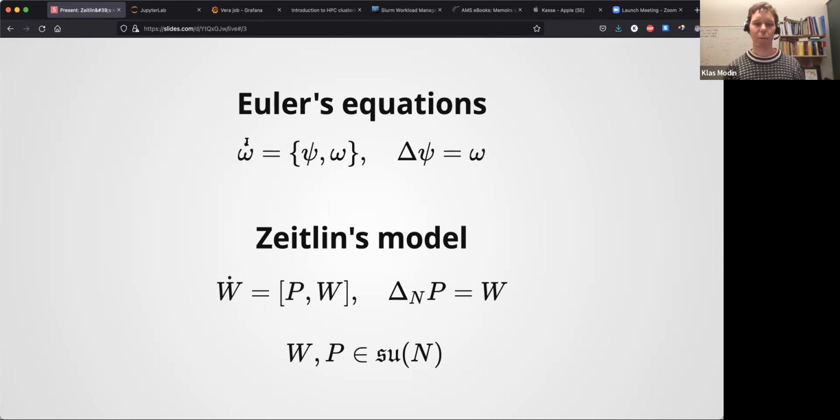The point is that these equations, which have a Lie algebra structure with the Poisson brackets, are replaced by a quantized model where the Poisson algebra structure is replaced by the matrix commutator. The question is, of course, how do you go from these equations to these equations, and what do we mean by this quantized Laplacian?